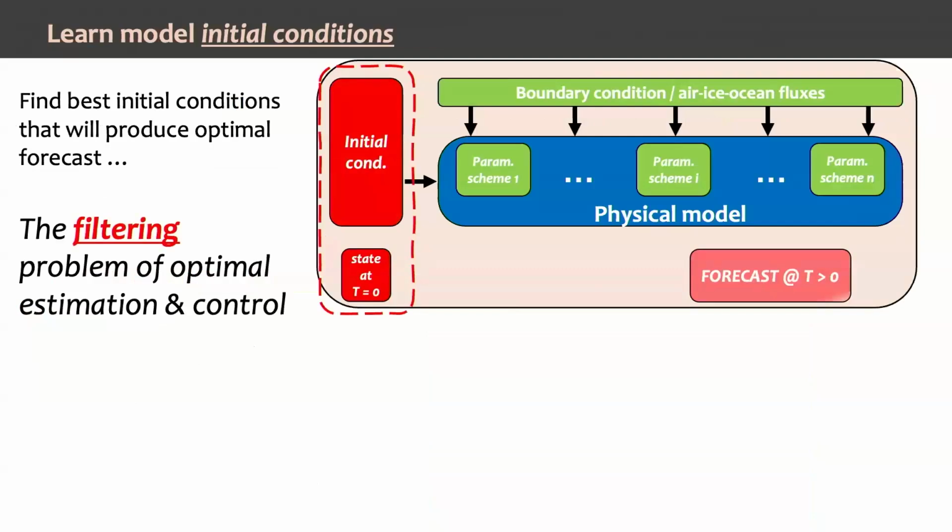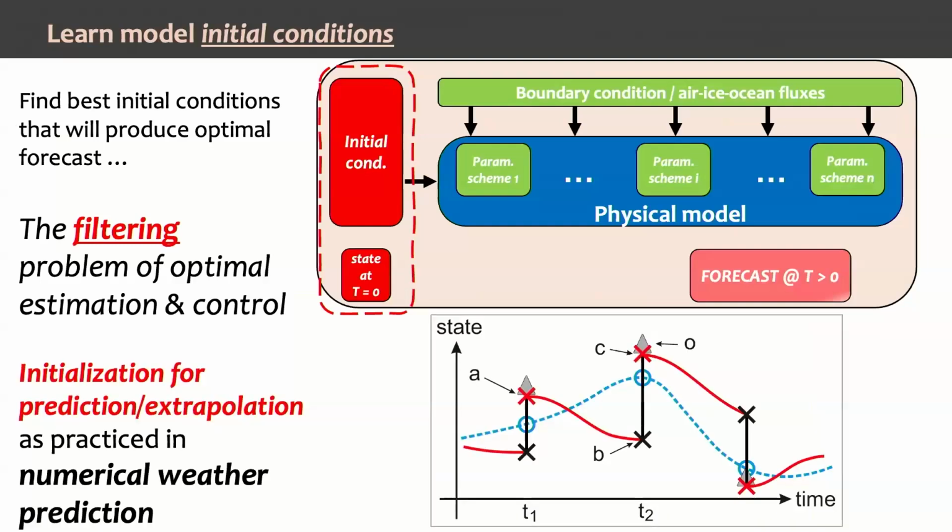The next problem is again the initial condition problem, and that basically is the classical filtering problem of optimal estimation and control, and that's of course what's used in numerical weather prediction, right? So we consider here on this plot the red curve. So we have a forecast of a model. The model forecasts a certain state at a certain time.